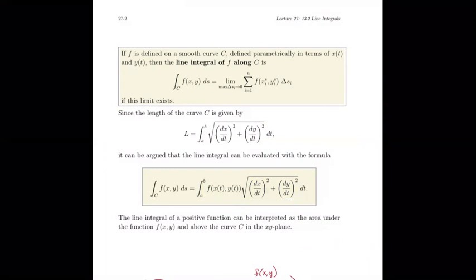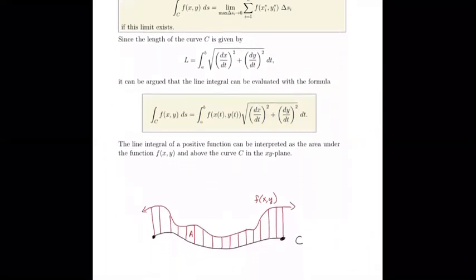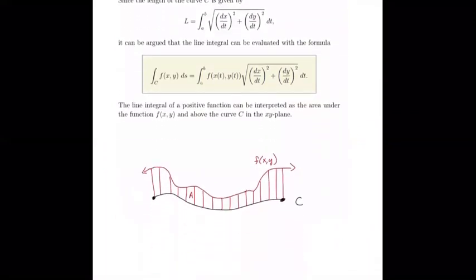And just another picture of what this actually looks like potentially. If we have a positive function, f of x, y, or if it's positive at least above the curve C in the plane, then we'll have something that looks like the following in terms of a line integral. So remember that C is flat. C is this curve sitting in the plane on the page. Now f of x, y is above that curve, above the plane essentially.